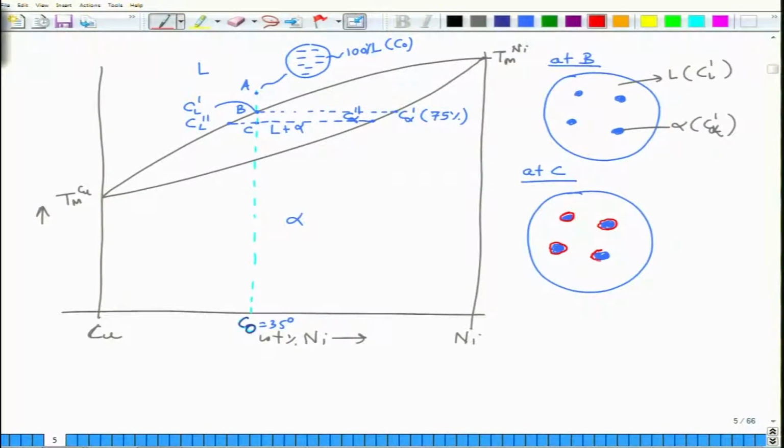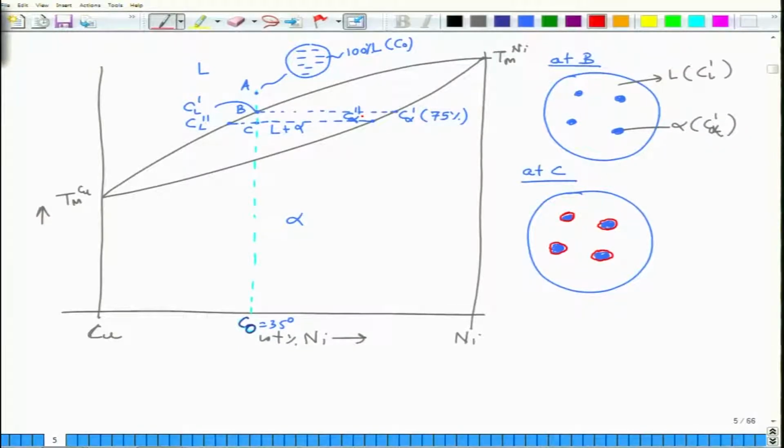Ideally the whole of this solid would have been of the same composition, basically overall composition C alpha double prime. But what has happened is, the first alpha which formed was of composition C alpha prime. The next alpha which is formed is C alpha double prime, because C alpha prime was unable to redistribute the nickel atoms to the next forming solid because of lack of time, because movement of atoms in solids requires time.